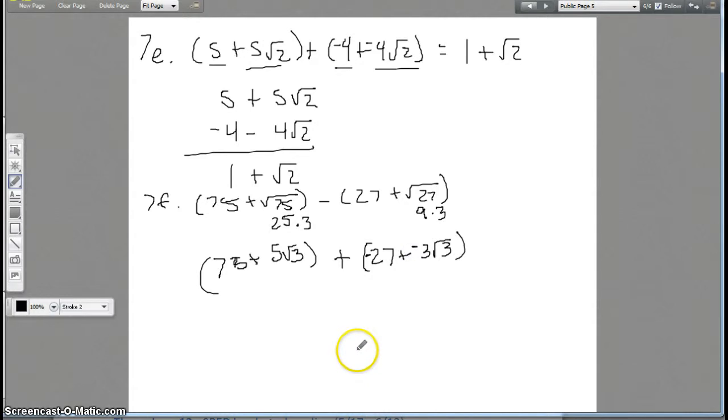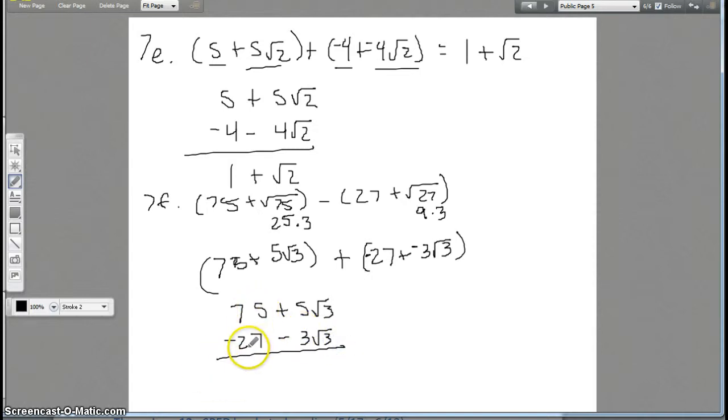Remember to do this because this will bite you. People have problems with this all the way up into differential equations. They have problems remembering to distribute that negative. If you go ahead and do it at the beginning, it won't cause you problems. So I'm going to rewrite this 75 plus 5 root 3 and then negative 27 minus 3 root 3.